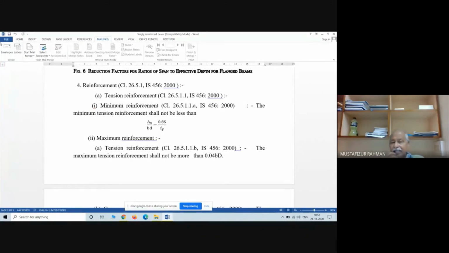So if steel required happens to be more than 4% of the gross section, then we have to redesign the section, that means enlarge the section.